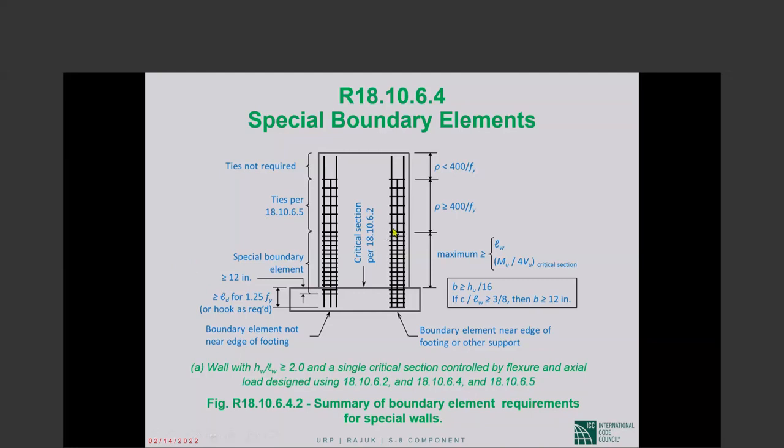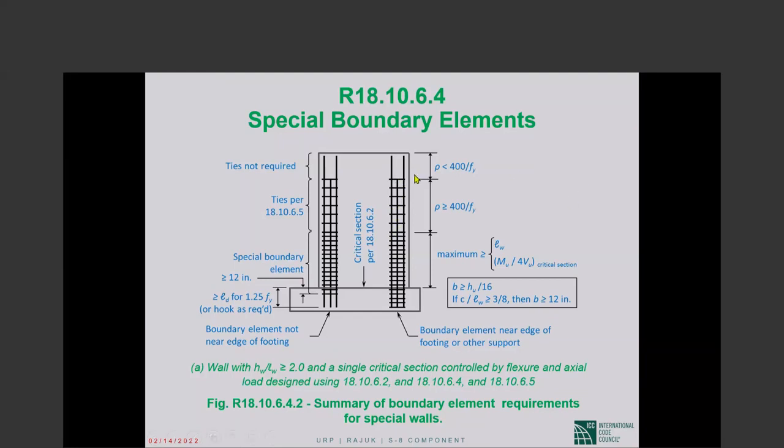So we shall provide non-special confinement hoops at 18 spacing. Okay. When that isn't required anymore, the local reinforcement ratio drops below 400 over f sub y.